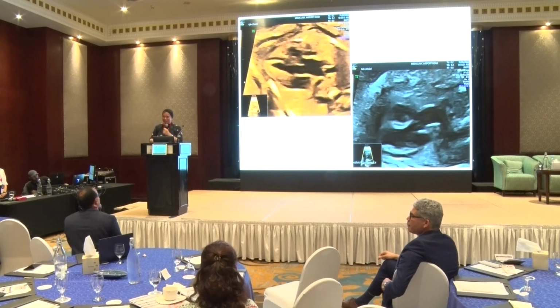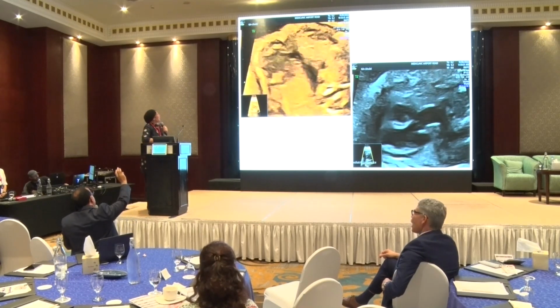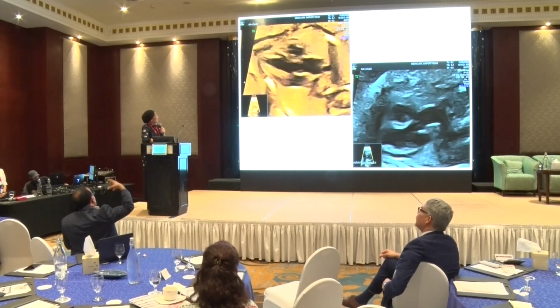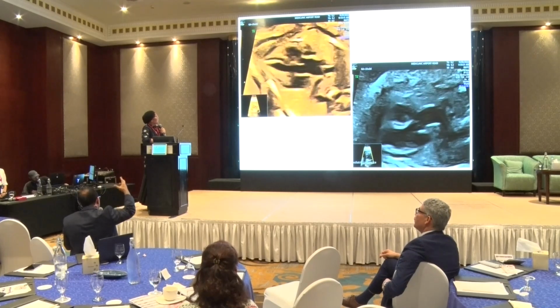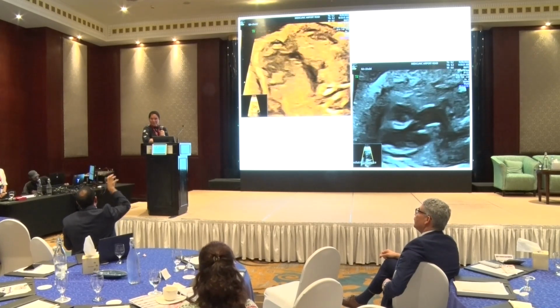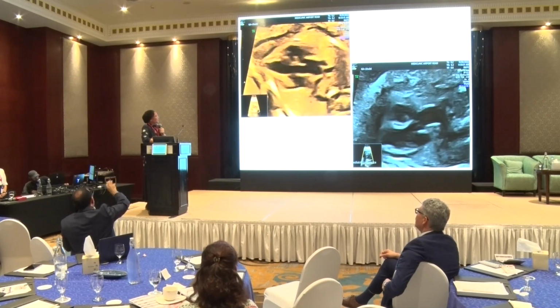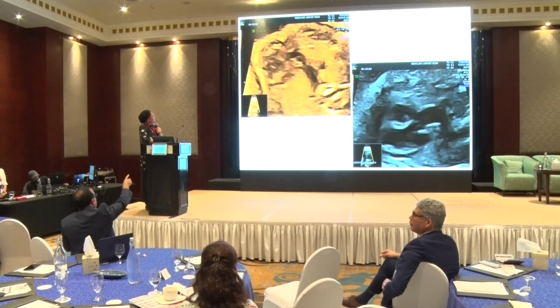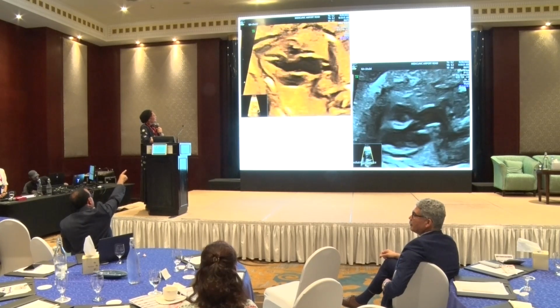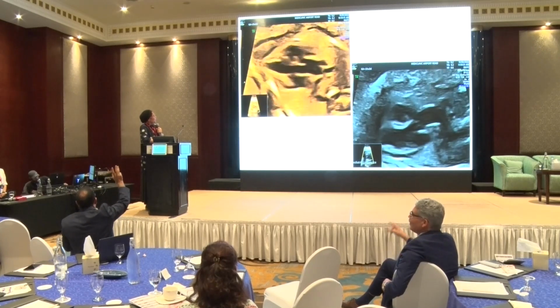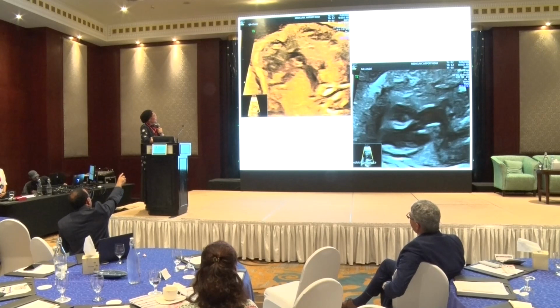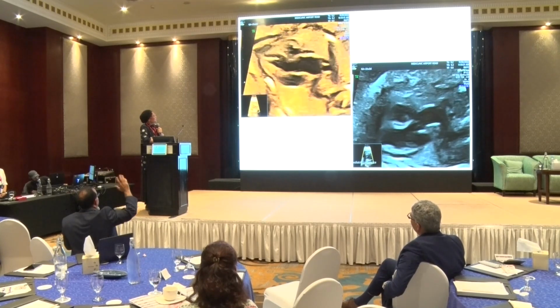Can I tell you how I will read it? Usually with truncus, the 2 ventricles are normal in size, or one of them is bigger than the other. That's the typical picture. If you look at this, you will see the right ventricle is a little bit small, and the left ventricle is normal or bigger than normal.